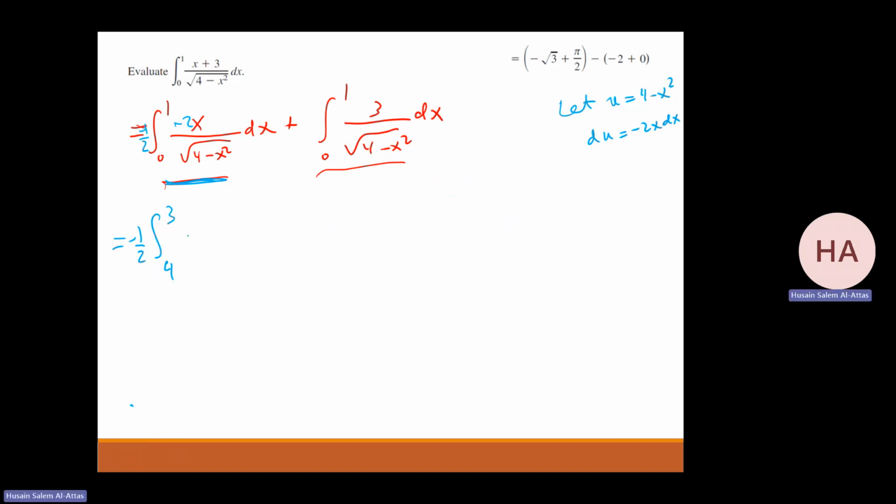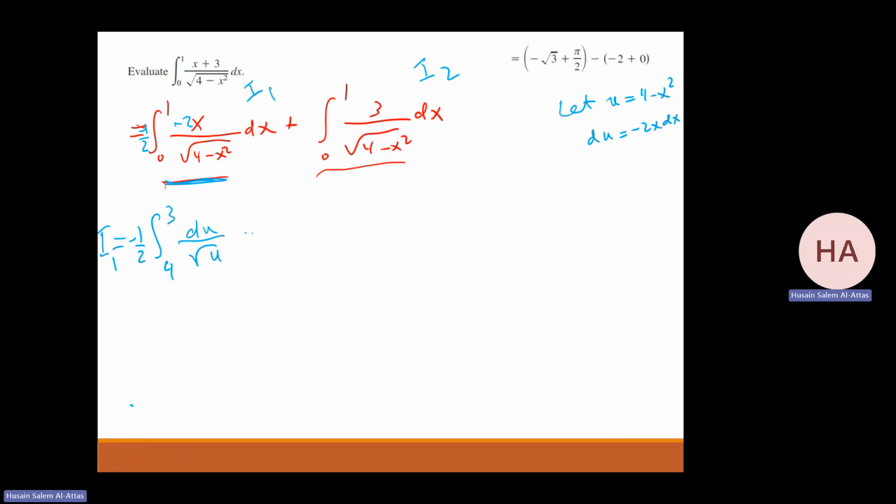I have du over square root of u. So let me call this I, and this is I1, and this is I2. So let me do I1 completely, and then I will do I2.